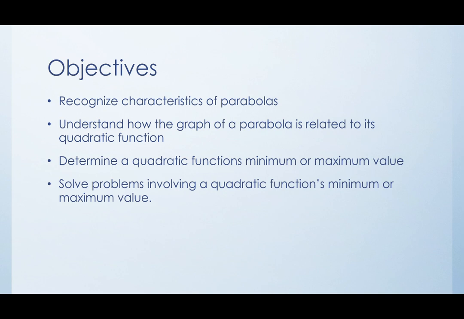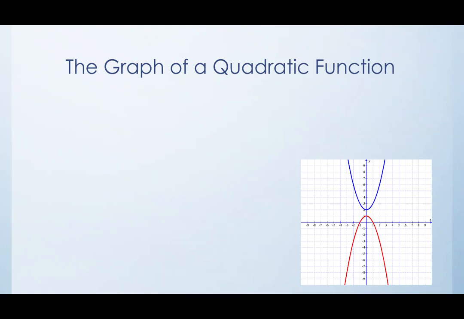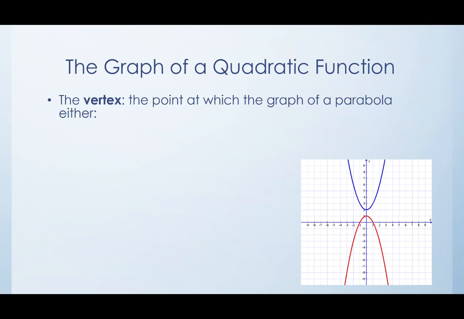So we're thinking about the graphs here, the characteristics of parabolas, which is a graph of a quadratic function, figuring out how the graph of the parabola is related to its function, if it has a minimum or a maximum, things like that, solve problems involving quadratic functions. So we're also going to be using the skills we learned with transformations from chapter 3.